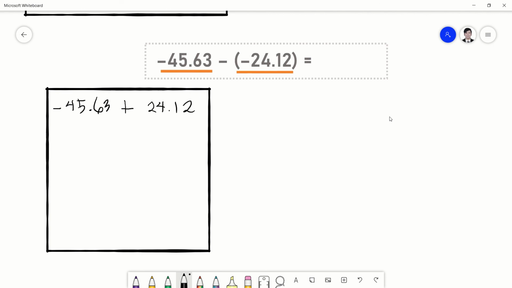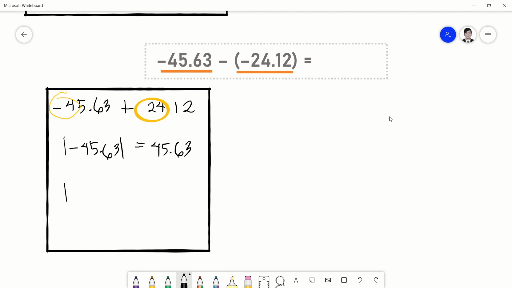Now, in the operation here, this is negative, this is positive. That means they have different signs. You need to subtract them. But before that, you find the absolute value of each number. The absolute value of negative 45.63 is 45.63.